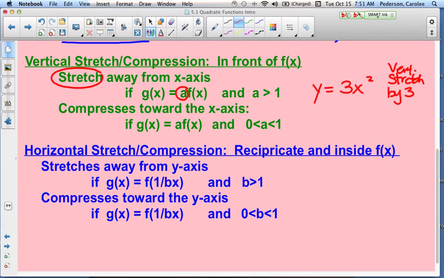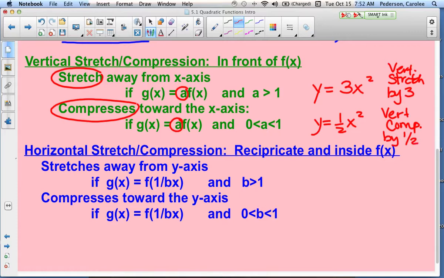If you have a fraction that's in front of the function, something like this, y equals 1/2 x squared, it's a compression vertically. Compress by 1/2. And that's how you would describe them, what I have written in the red. Vertical stretch by 3, vertical compression by 1/2.